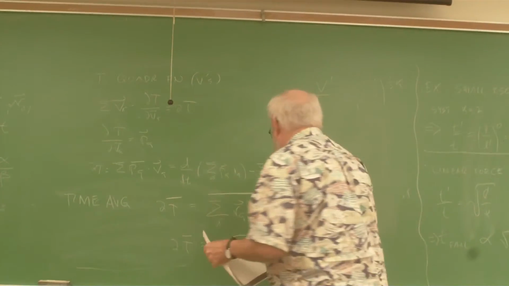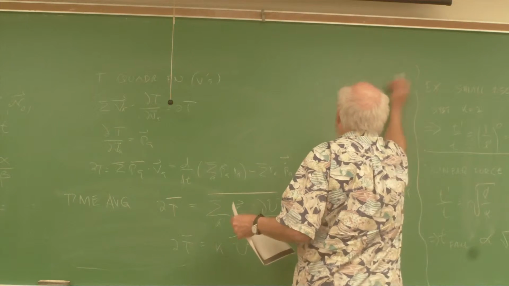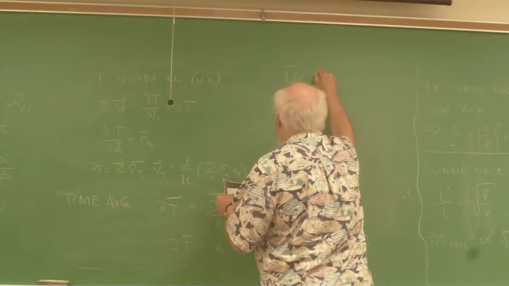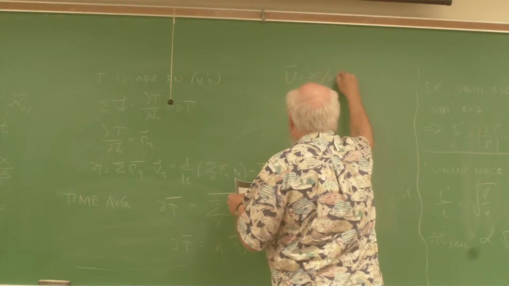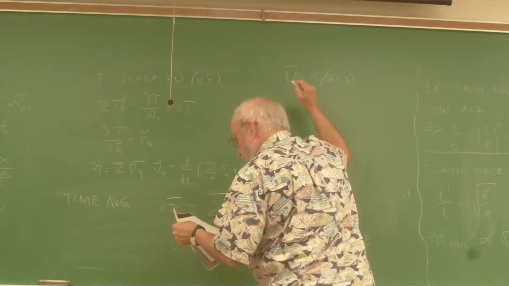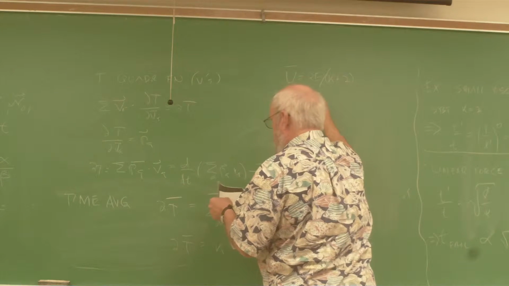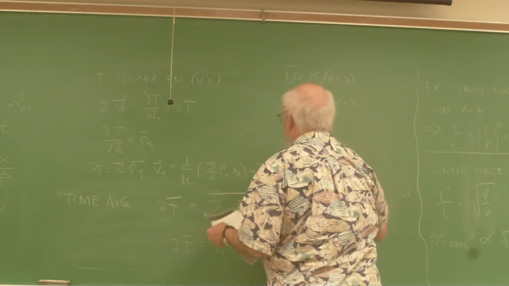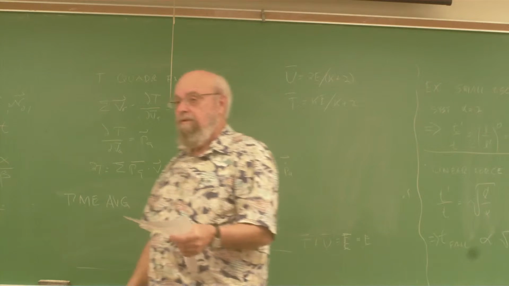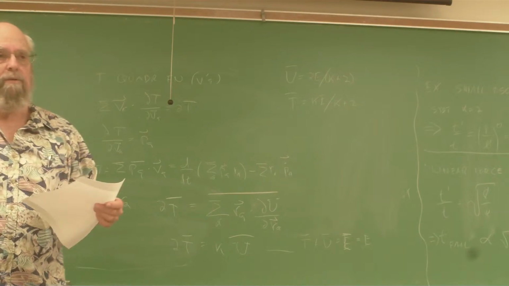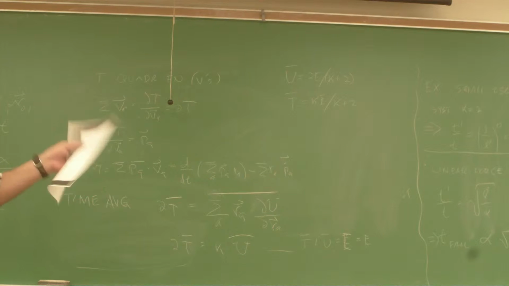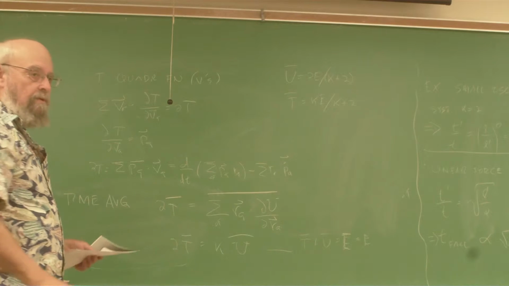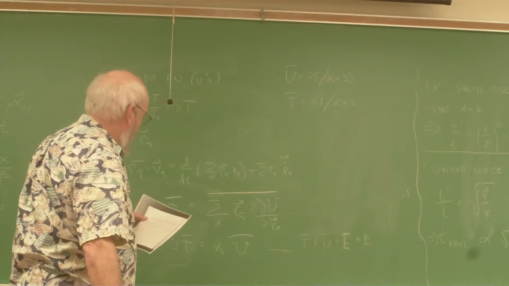So we can write then that U bar is equal to 2E over k plus 2, and T bar is equal to kE over k plus 2. All the time here we have been keeping loose, we haven't specified that we're dealing with Newtonian gravity or whatever. This is for a general homogeneous function of degree k.